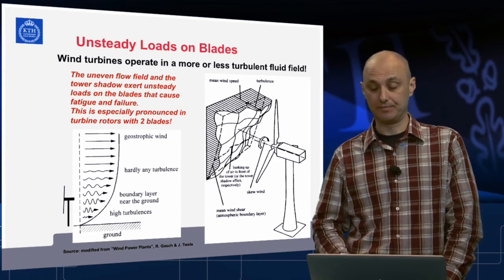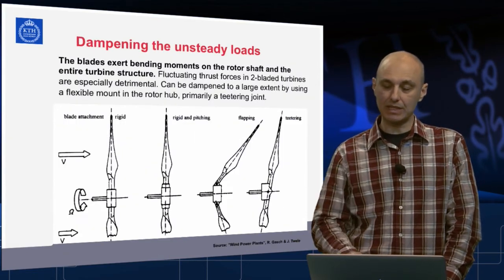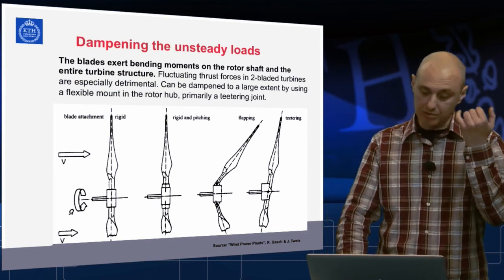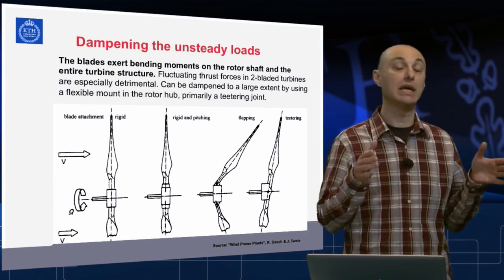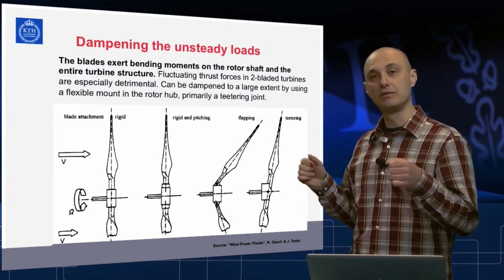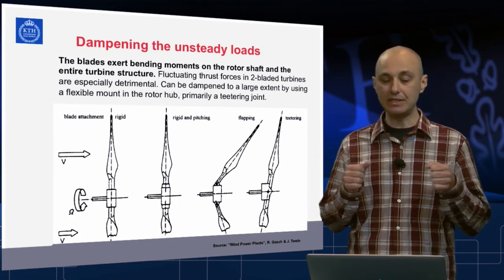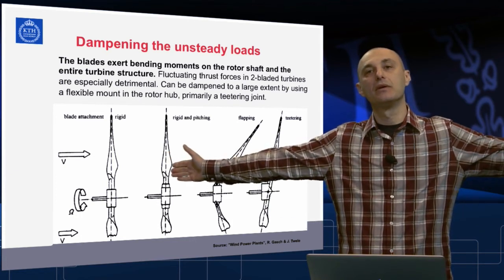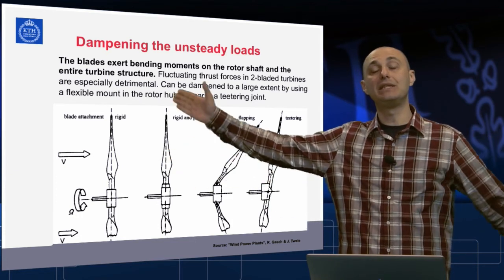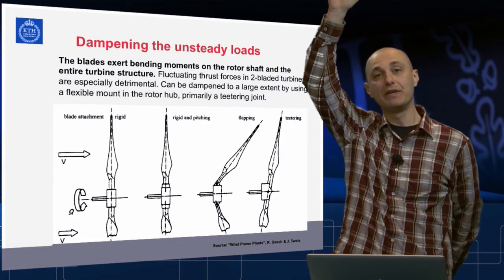There is also another aspect, a bit difficult to imagine. If you start to yaw the azimuth drive, remember, in a two-bladed machine, it is easier to yaw the machine when the blades are horizontal. Actually more difficult, sorry. It's easier to yaw it when the blades are facing up and down.